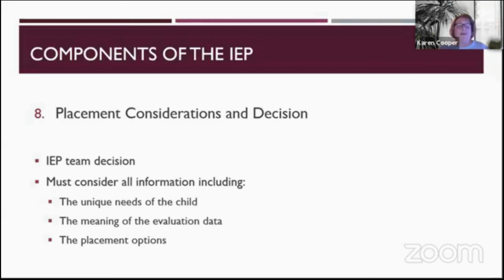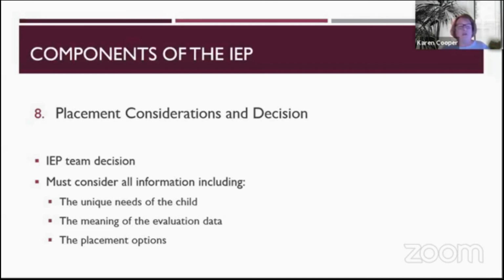And after we've determined all of that, then we determine what that actual placement decision is. And it is an IEP team decision, and we have to consider all of this information, the unique needs of the child. So when we're determining whether or not that instruction can be provided in the regular education setting, we need to look at the unique needs of the child.